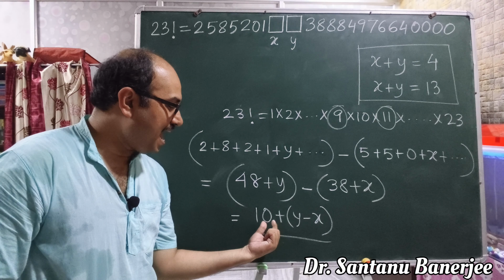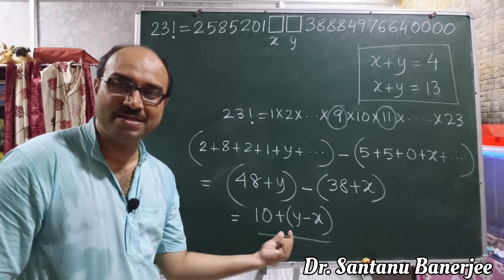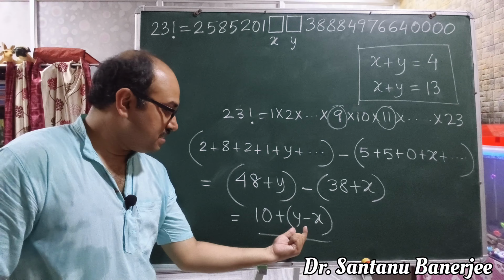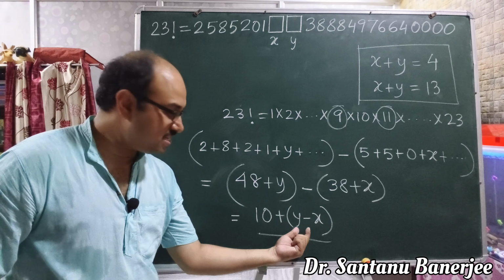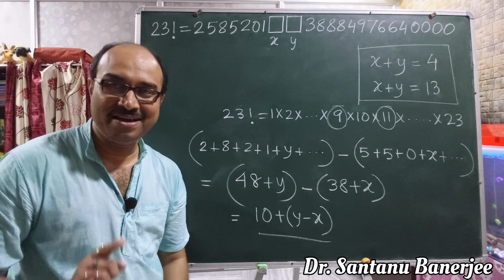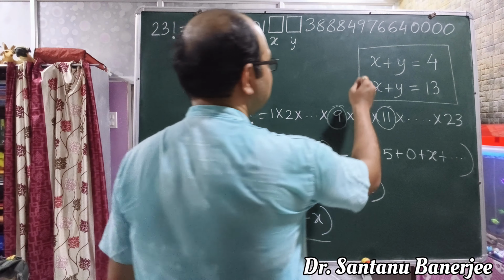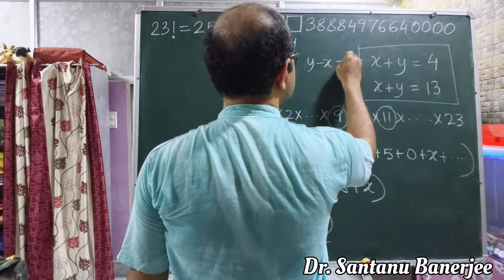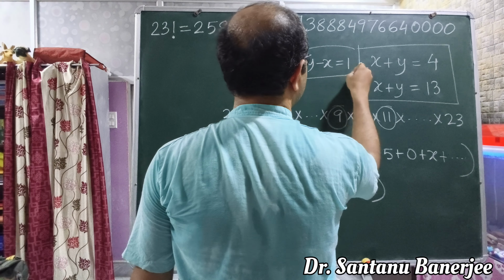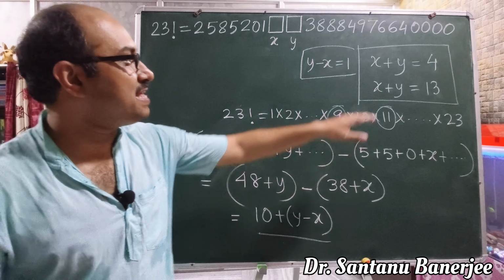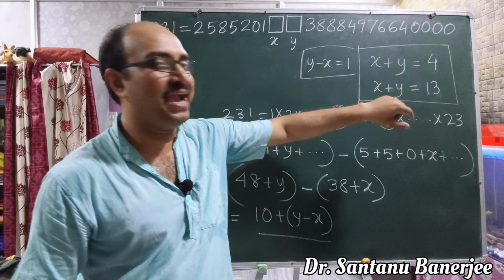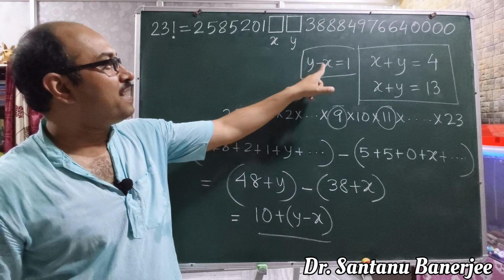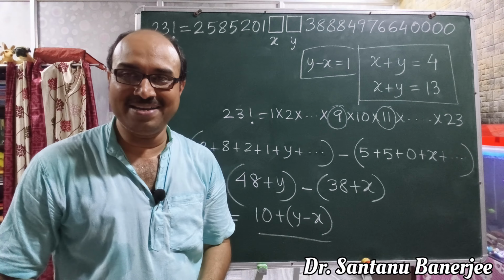If you add 1 to 10, the number you get, 11, is divisible by 11. So by that logic, y minus x will be 1. So you have got y minus x equal to 1, alongside x plus y equal to 4 and x plus y equal to 13.